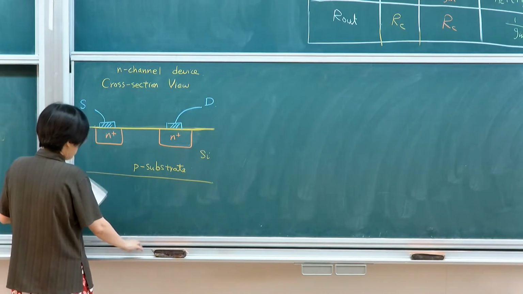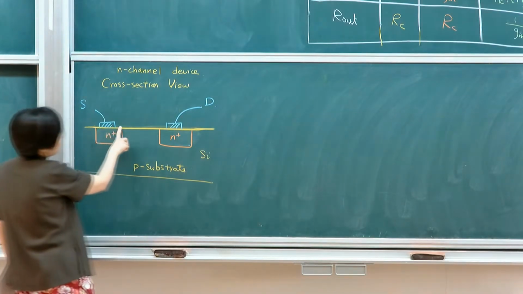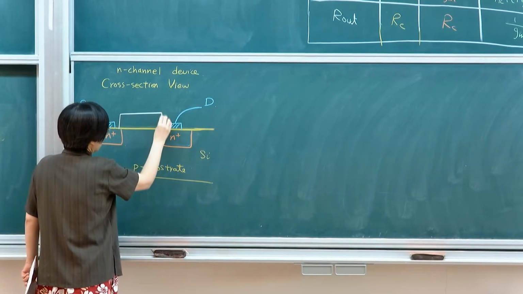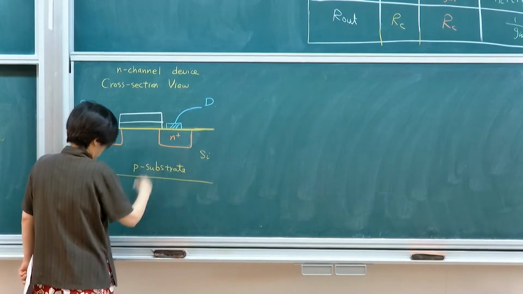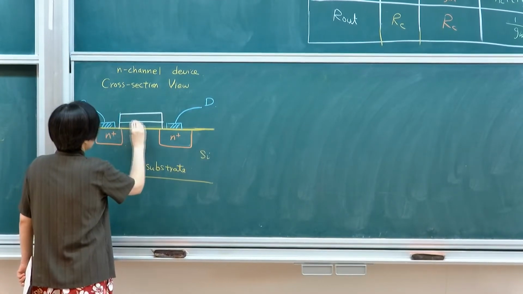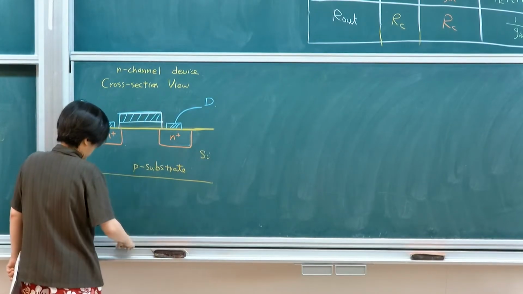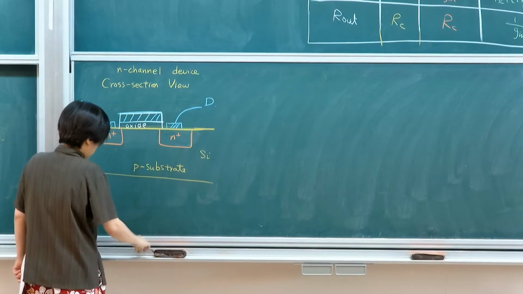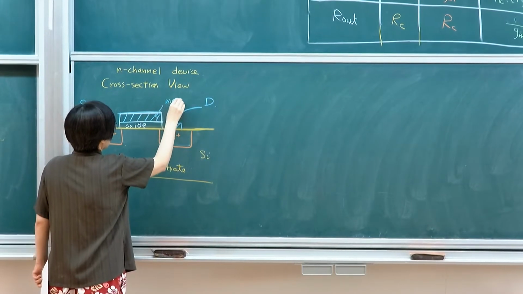I'm going to explain that a little bit. And then I'm going to build my MOS structure between these two terminals. So I'm going to have a structure like this. This will be metal, another metal, and this will be my oxide. So this layer is metal.